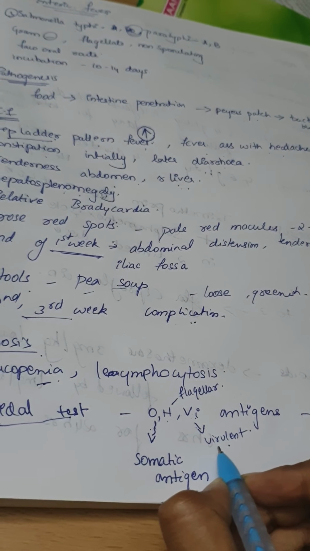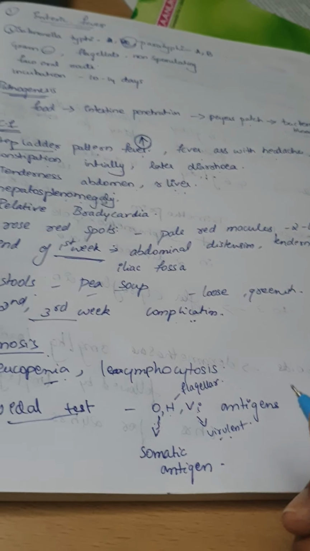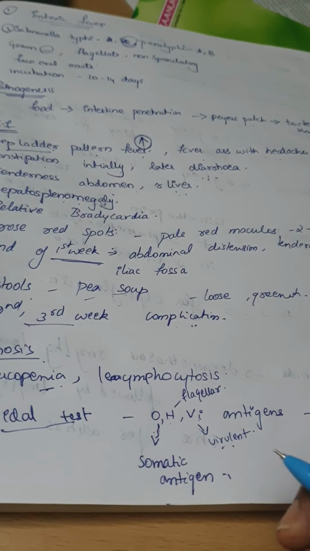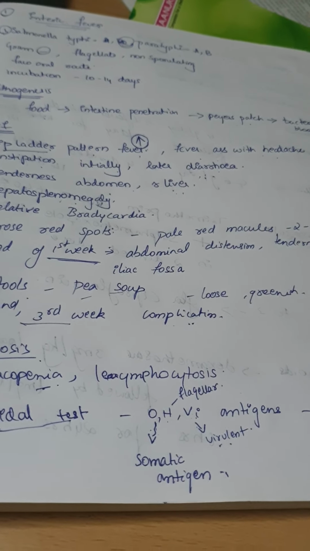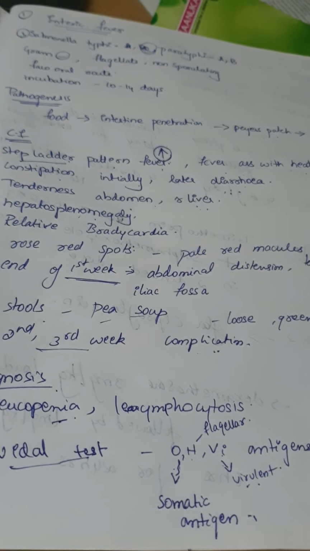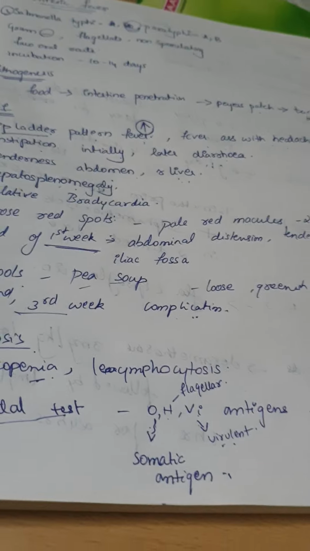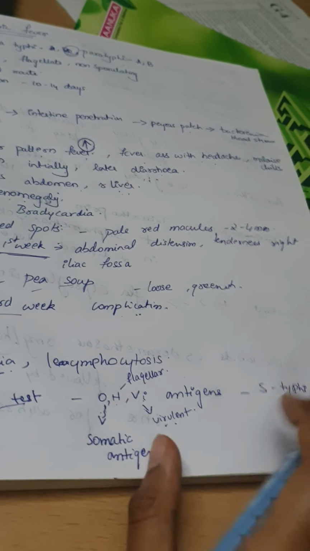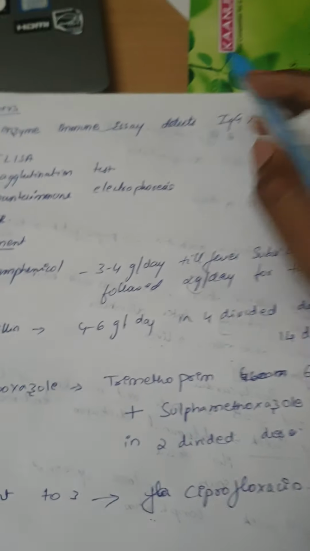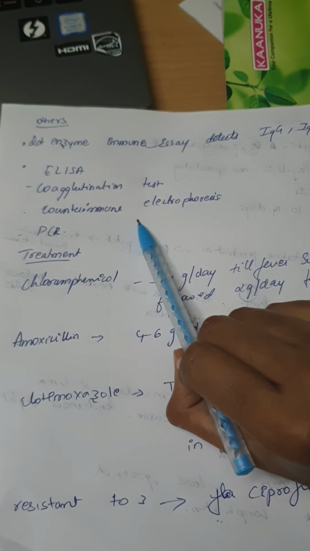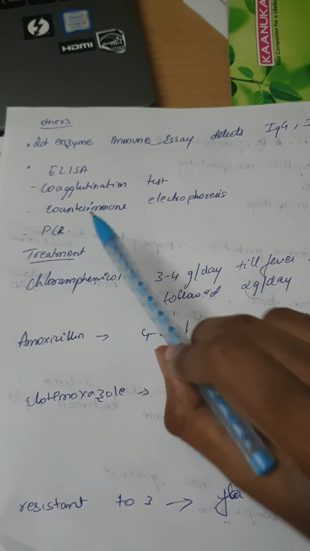They are found in Salmonella typhi and both paratyphi A and B, right? We test them to detect whether our immune system has developed any antibodies. That's just a brief. Other tests include dot enzyme immunoassay, which detects IgG and IgM, ELISA, coagglutination test, counter immunoelectrophoresis, and PCR. So these are the tests.